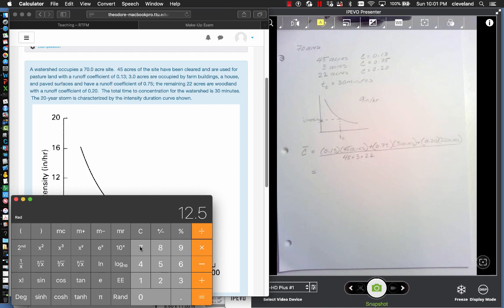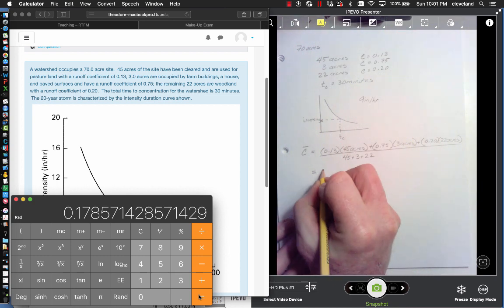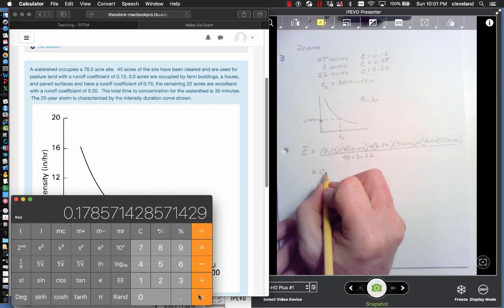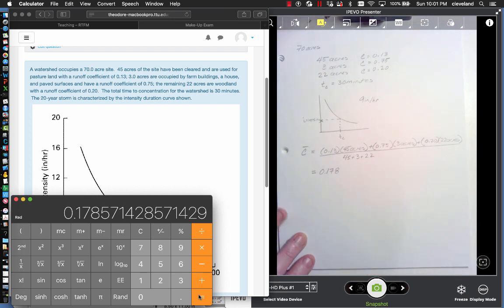Divide by 70, which is the 45 plus 3 plus 22, for a composite of 0.178. Probably do 0.18, but there's our composite C value.